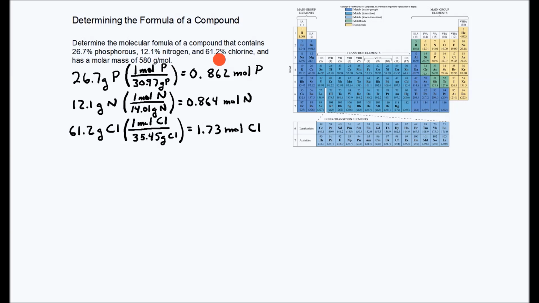Once again, we divide by the least number, which in this case is the 0.862 moles.